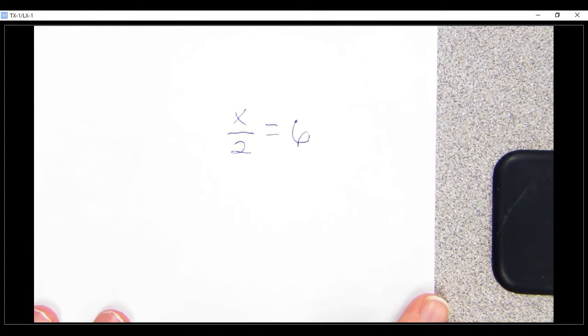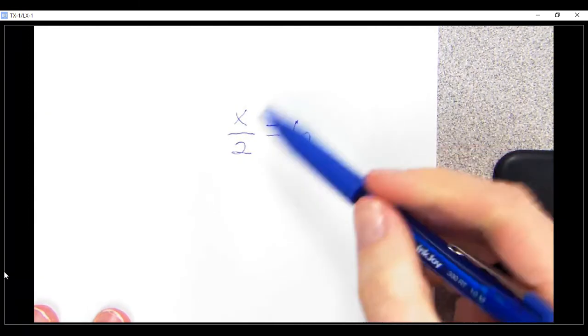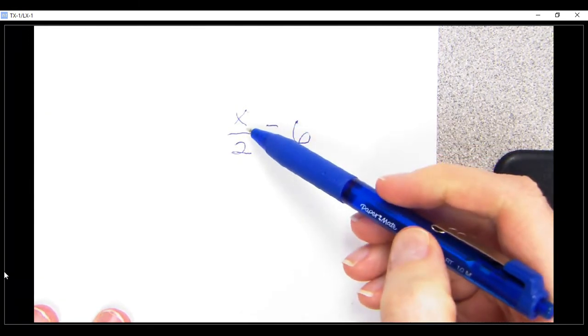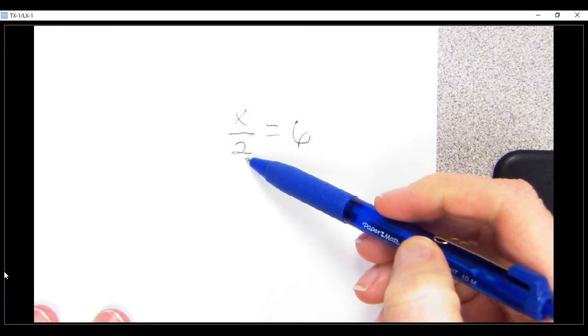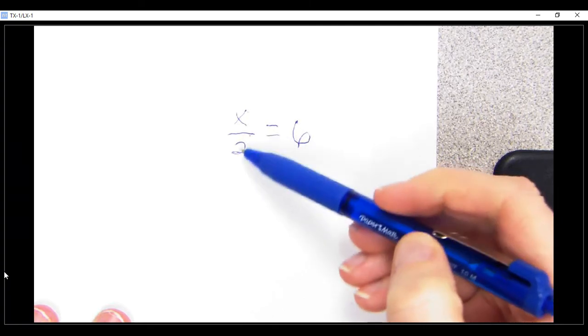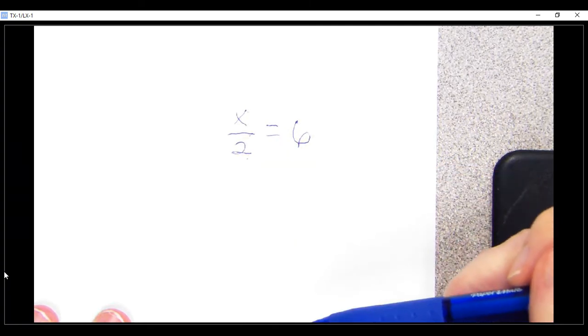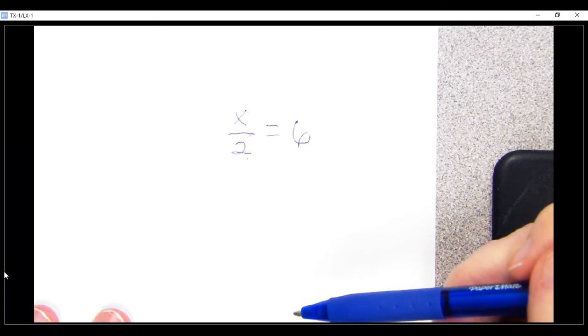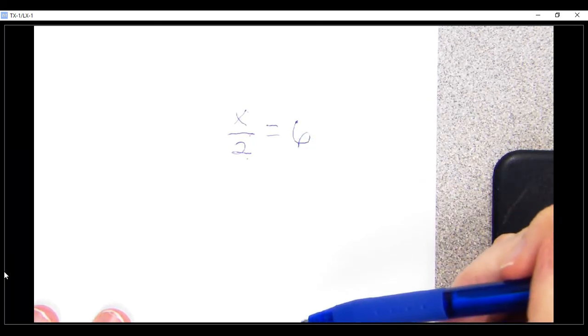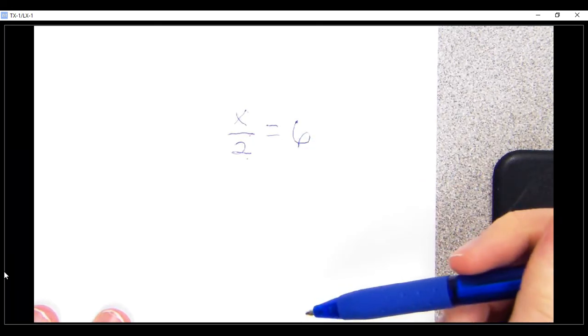Now let's look at division. Division is similar to an inverse variation equation. I'm identifying that the x is being divided by 2. Since I have a division problem here, I need to do the opposite operation. And the opposite operation of division is multiplication.